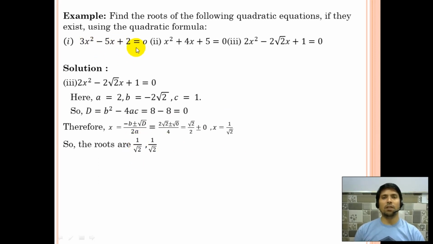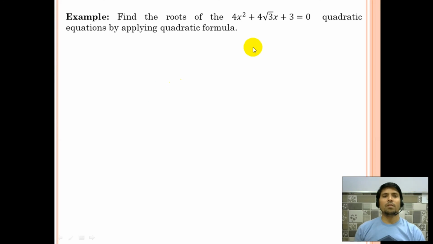In the first example we discussed, the value of D equals 1, and this value is greater than 0. In this case it also has two roots, but the roots are distinct, it means both roots were different. And in the third case we saw that the value of D is 0. So if the value of D is 0, then the roots will be equal and real. And in the second case we read that when the value of D is less than 0, meaning negative, then its roots will not be real.